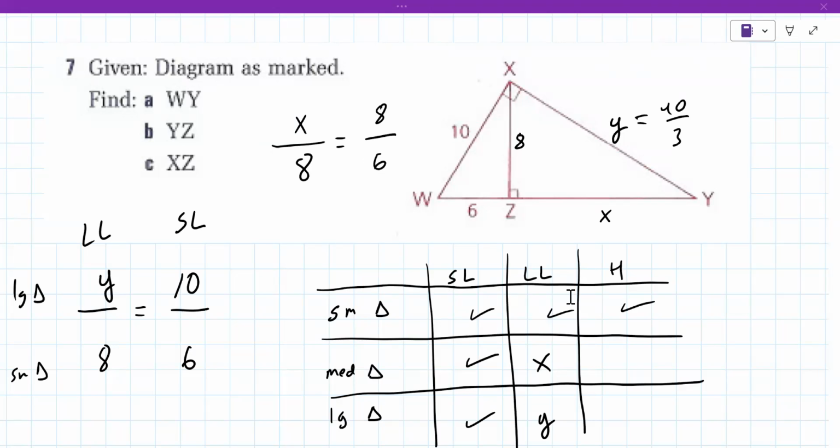Once you find X and Y, you have everything, because the large triangle hypotenuse is 6 plus X, and the medium triangle hypotenuse is Y, so you already have that. Okay. X would be, let me do this really quick.